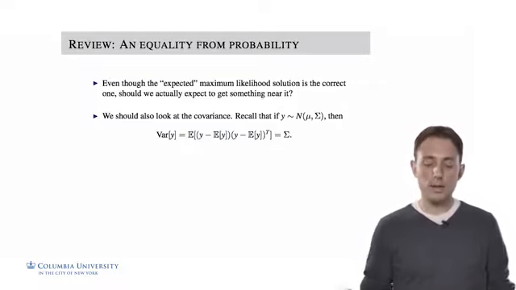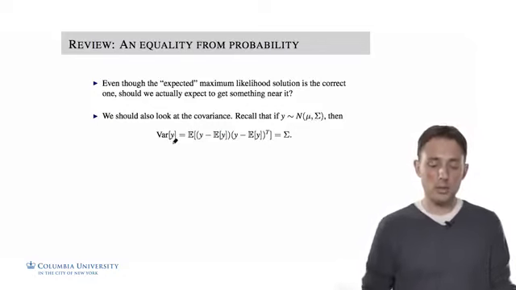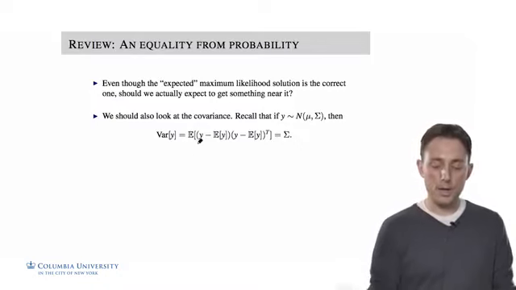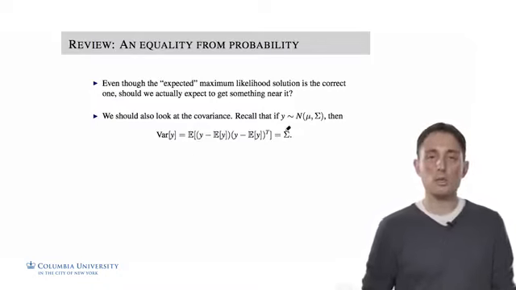Let's recall that if we have a vector y from a multivariate Gaussian with mean mu and covariance sigma, then the covariance of that vector y is equal to the expectation of the outer product of y with its mean subtracted off, and that's equal to the covariance matrix sigma. So this is the way to calculate the covariance of the random vector y, and for the Gaussian, it's equal to sigma.